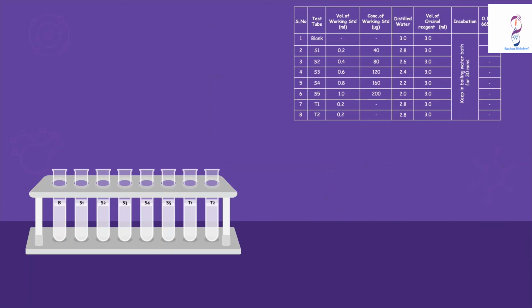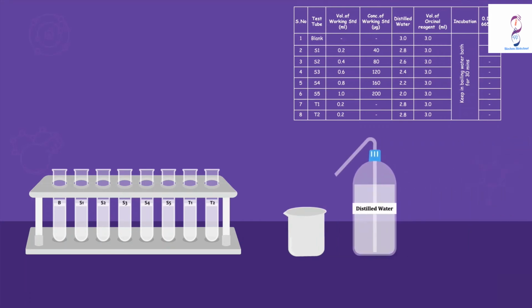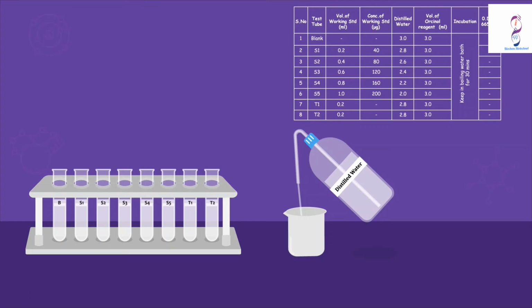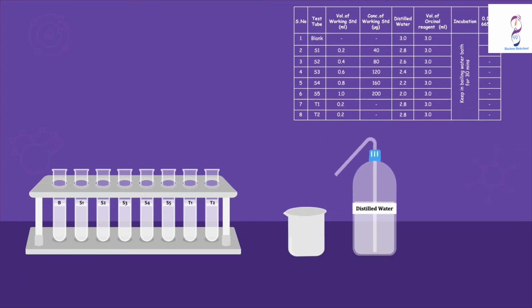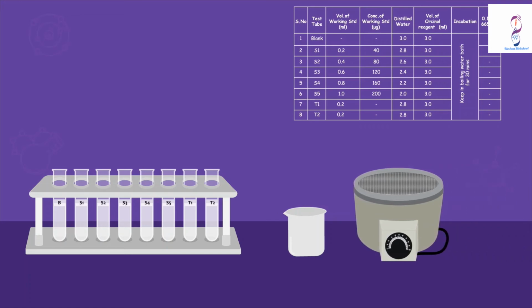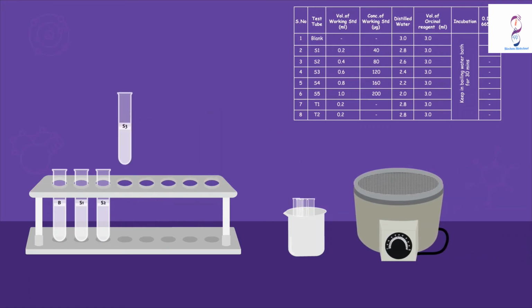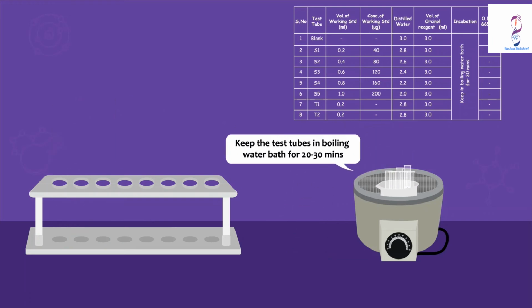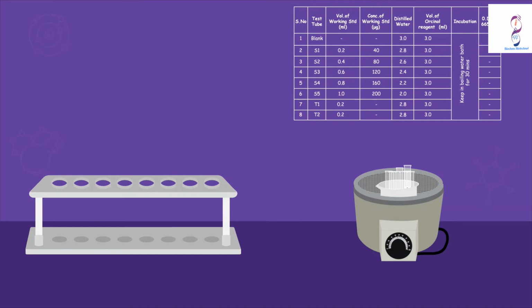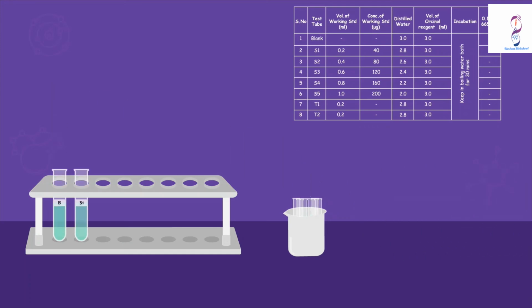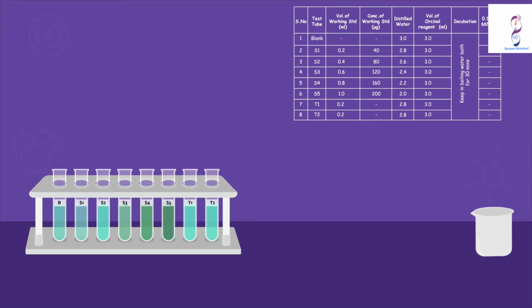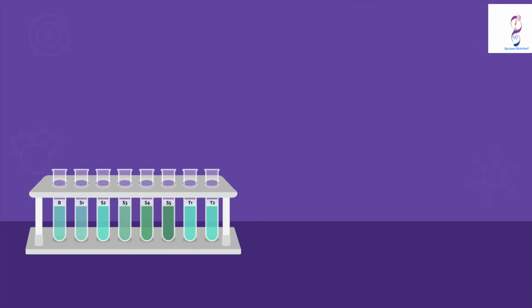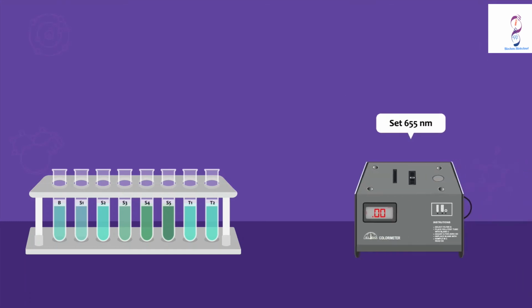After the addition of orcinol, the mixture is kept in a boiling water bath, with water at its boiling point, for 25 to 30 minutes. You can see the bluish color developed in the illustration.